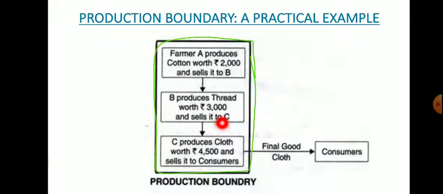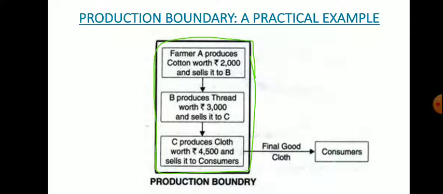Now, what will he do with those threads? Producer B will sell them to another person. Suppose C is there who is producing cotton cloths. So, C purchases those cotton threads from producer B and produces cloths, and the price of that cloth becomes rupees 4500.